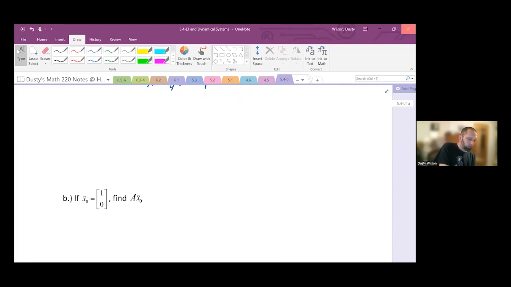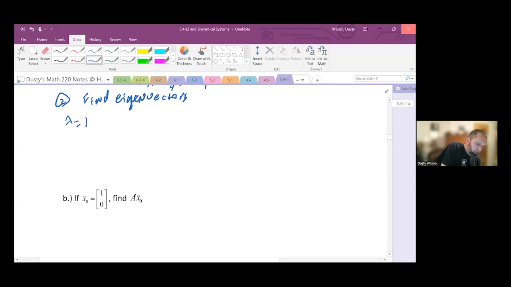So next up, we need to find the eigenvectors. We start with lambda equals 1. When we start with lambda equals 1, we set up the matrix A minus lambda I. So I get negative 0.5 and 0.5 and 0.25 and negative 0.25.